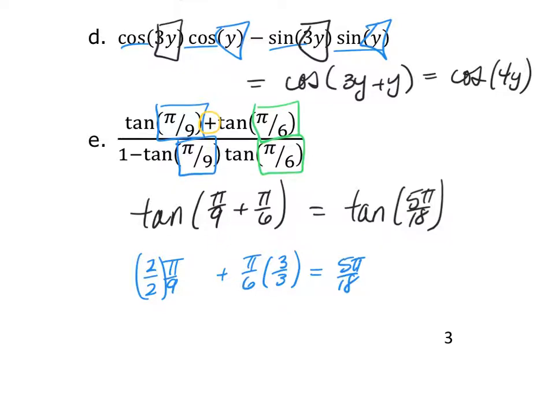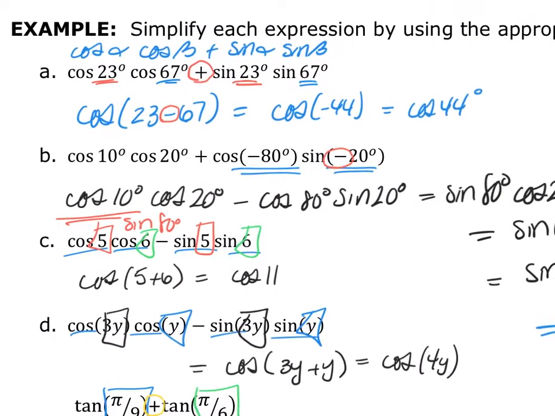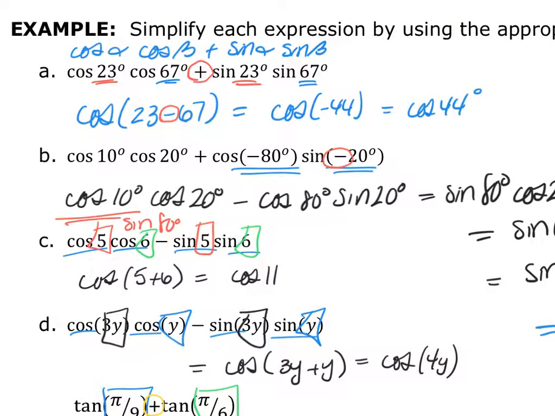Yes? On B? Okay, the question is, how did I get actual values of 80 and 20? I didn't until I got to the sum and difference, when I brought this back together. Are you okay with the fact that I ended up right here with a minus sign?